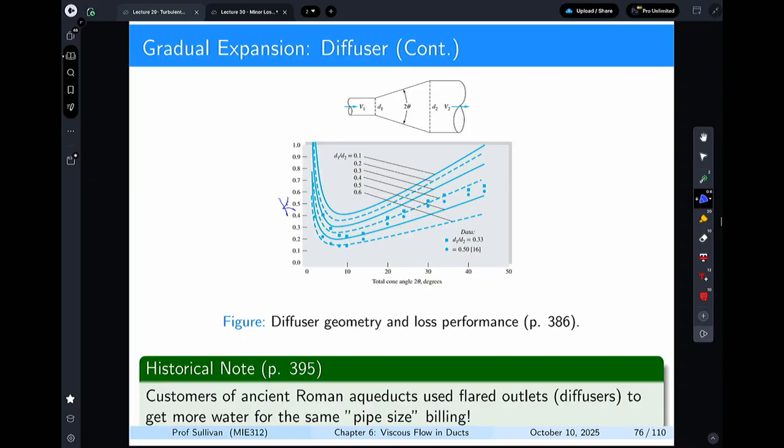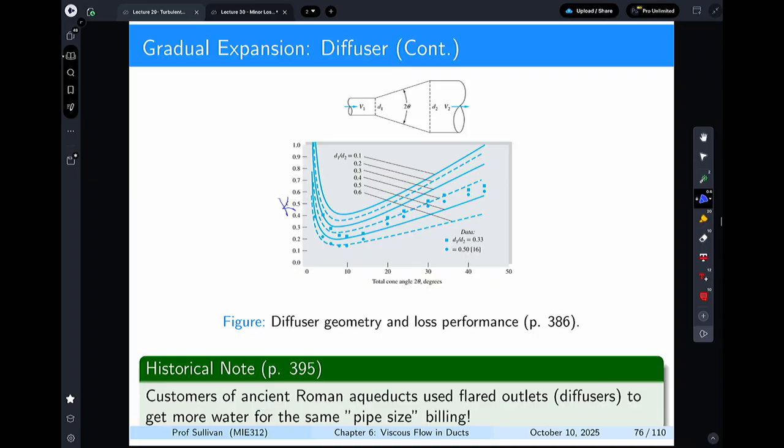If you increase it from 0, well, it's not 0, it's 1 degree, you have, for that total length, a significant changeover. So 0 is basically a sudden expansion.